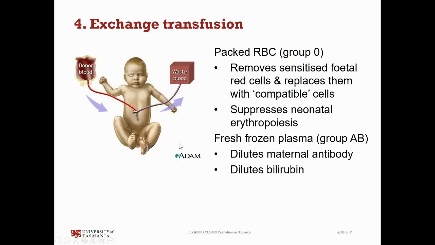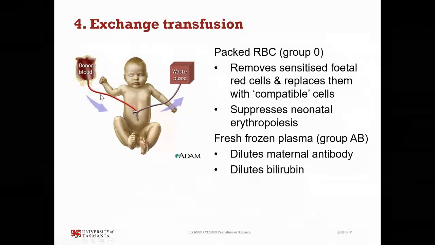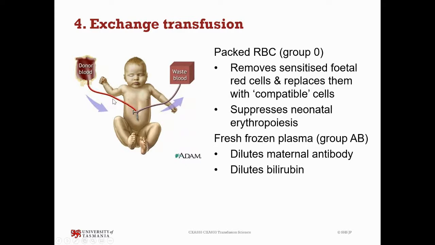Exchange transfusion. We've already looked at exchange transfusion as a special case for compatibility testing. So again, we introduce donor blood, and also you can introduce plasma as well into the baby and remove waste blood. So you take sort of 10 mils out and put 10 mils in.